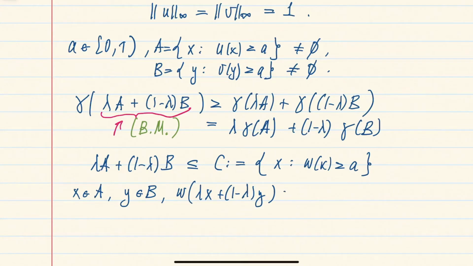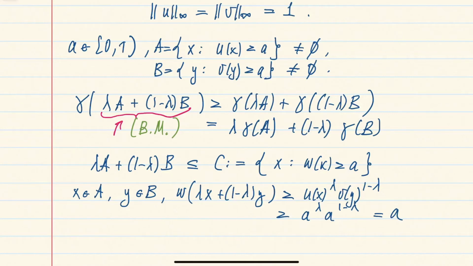Our condition was that this will be greater than u of x to the lambda v of y to the 1 minus lambda. And because on A, u of x is greater or equal than a, and on B, v of y is greater or equal than a, you get that w on a convex combination will be greater or equal than a. Right?